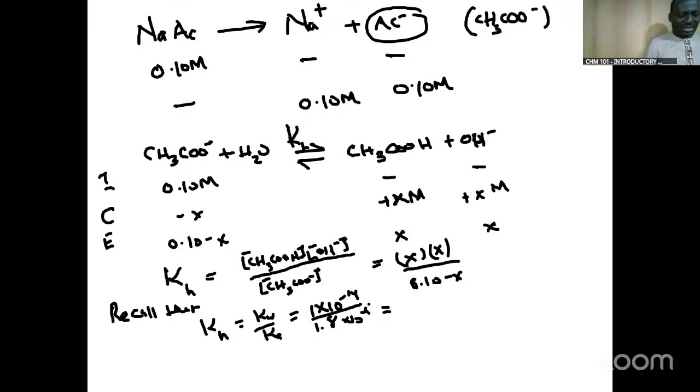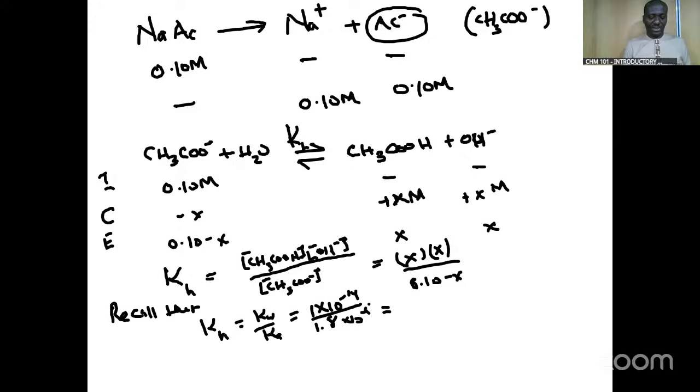So we are looking at 10 to the power of minus 14 divided by 1.8 times 10 to the power of minus 5.